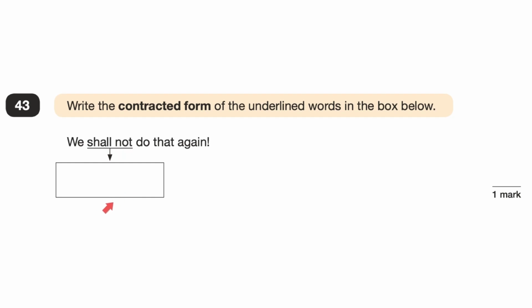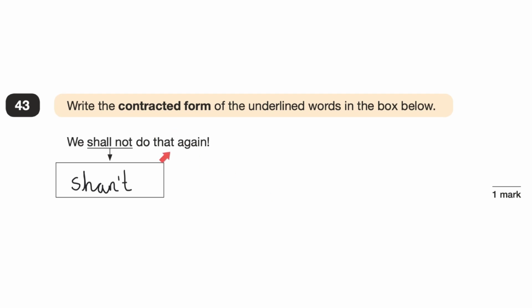And this is just a case of knowing these to a certain extent. This goes a little bit away from the rule about removed letters, because this is slightly different. With this, we would find that it's shan't. So that would be S-H-A-N apostrophe T.